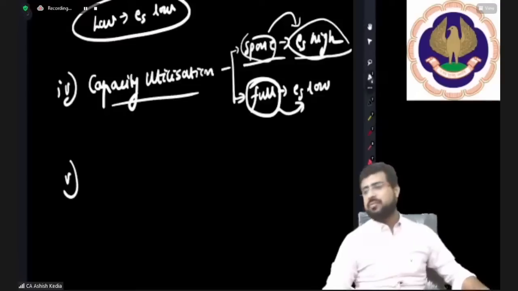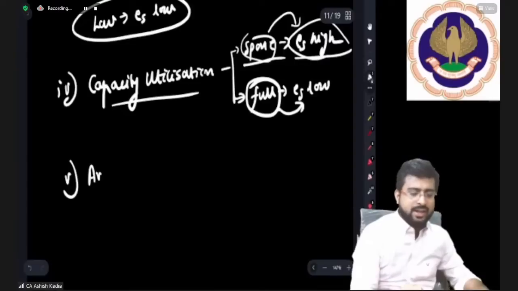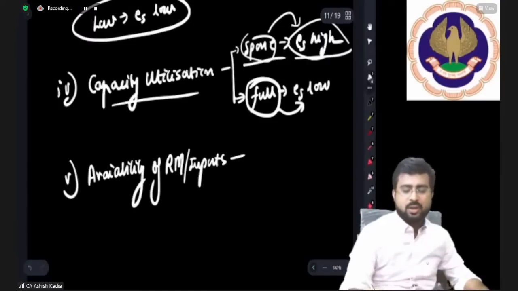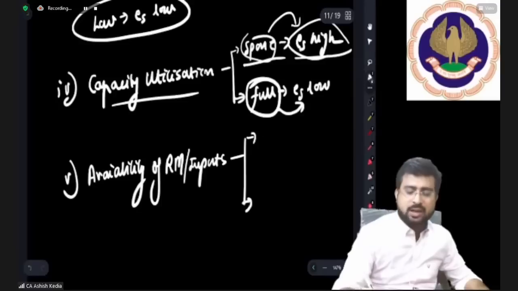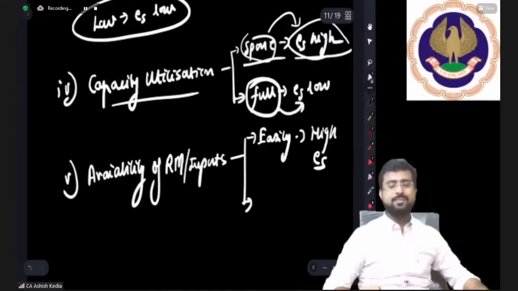Moving on to number 5, availability of raw materials and other inputs. See, my lovely friends, if raw materials and other inputs are available easily, supply can be increased easily, so elasticity is going to be high.